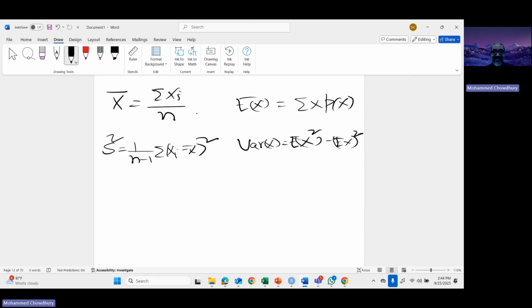This is the left side one when your data is given: x1, x2, x3. And here x1, x2, x3 as well as their associated probabilities are given. So here is the variance. Covariance of x comma y is written as 1 over n minus 1 sum of xi minus x bar, yi minus y bar.